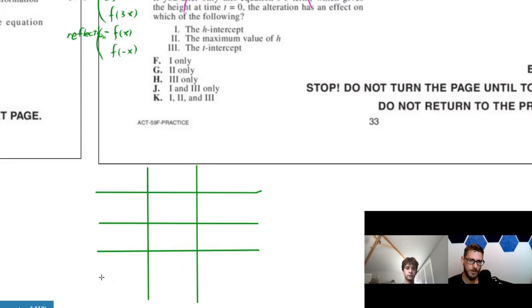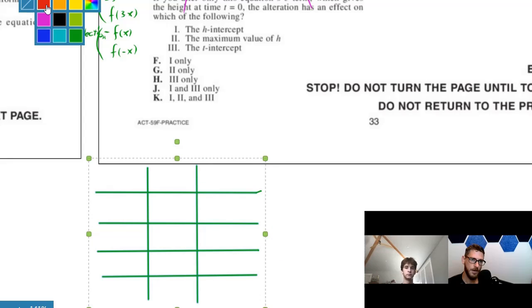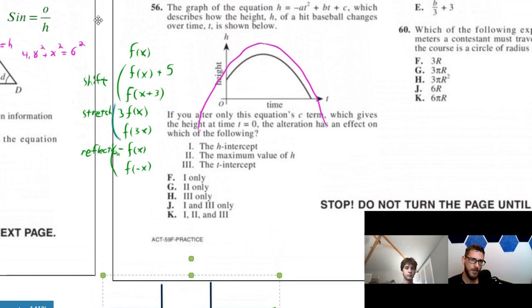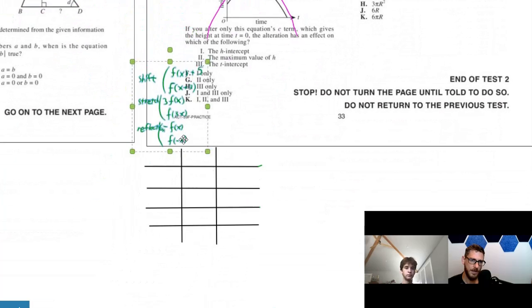So if we do a little chart, I can put all of this information that we just talked about on a chart. Let me grab everything we just said and move that in here.